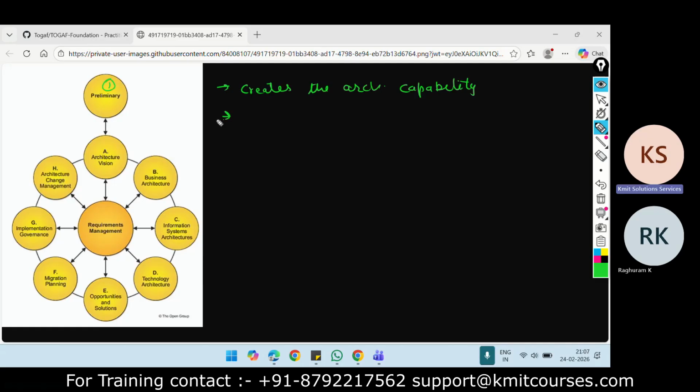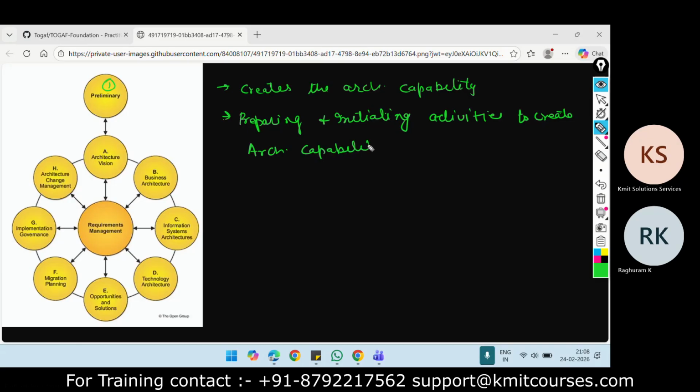Okay. So here what we are doing, we are preparing and initiating the activities that are required to create the architecture capability or capabilities.